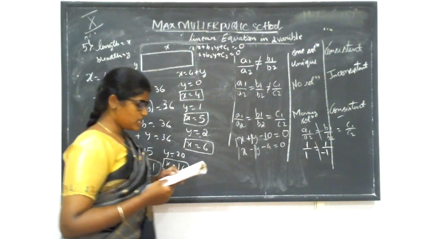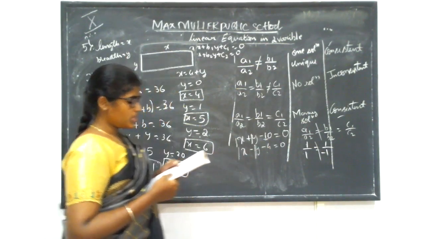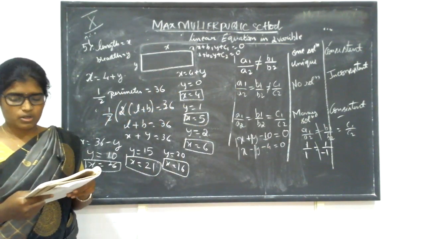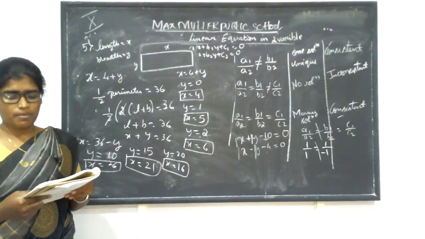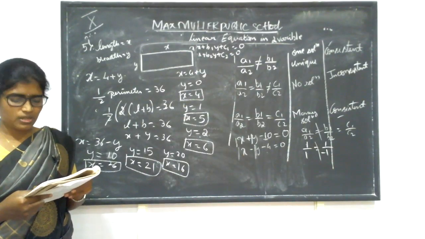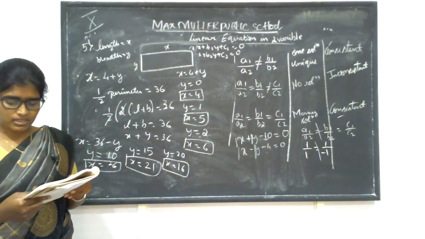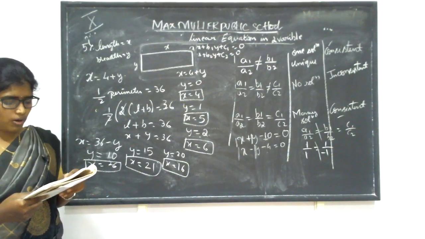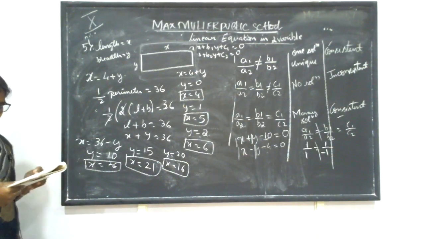Then coming to the seventh one, draw the graph of the equations x minus y plus 1 is equal to 0 and 3x plus 2y minus 12 is equal to 0. Determine the coordinates of the vertices of the triangle formed by these lines and the x-axis and shade the triangular region.